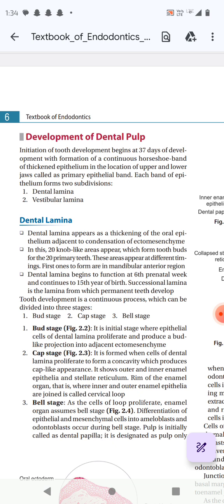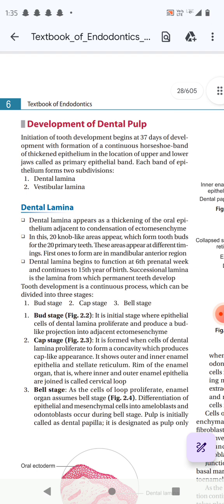The dental lamina appears as a thickening of the oral epithelium adjacent to the condensation of ectomesenchyme. In this, 20 knob-like areas appear which form the tooth buds, the 20 primary tooth buds.